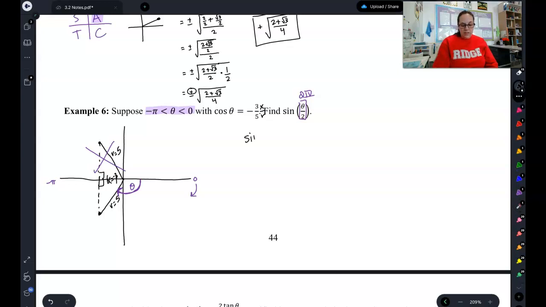So now let's use our half angle formula, which is plus or minus square root 1 minus cosine theta over 2. And hey, look at that. I was given cosine of theta in the problem. Cosine of theta is negative 3/5.